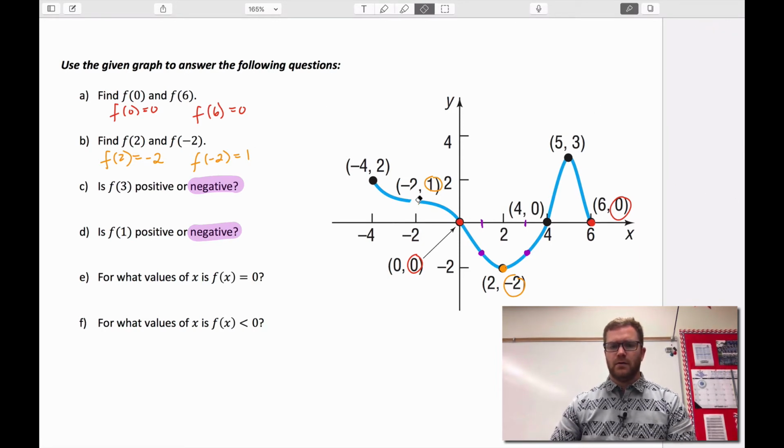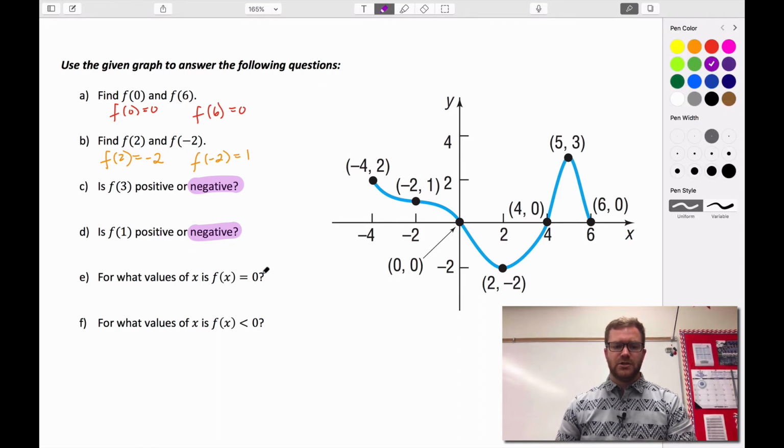Okay. So next what we're looking at is, for what values of x is our graph equal to 0? So this is just saying, where is the y value equal to 0? What values of x make our y value 0? So we can just go along the x-axis, because that's where the y value is 0.